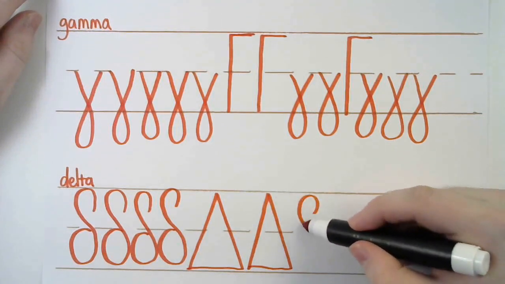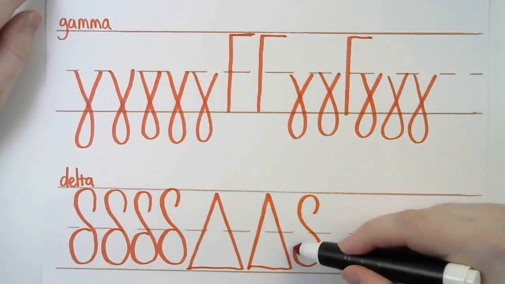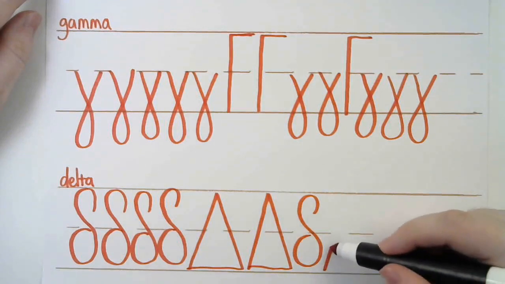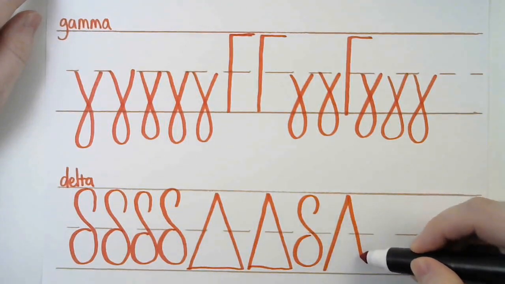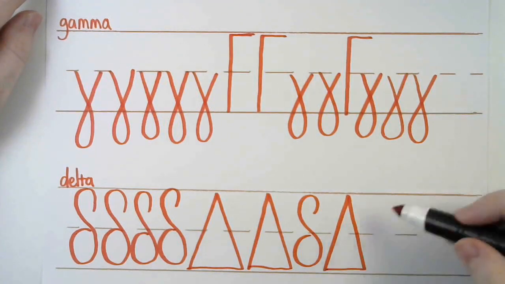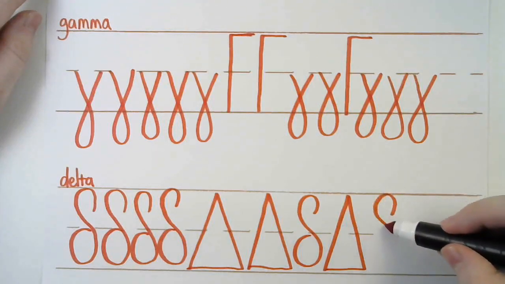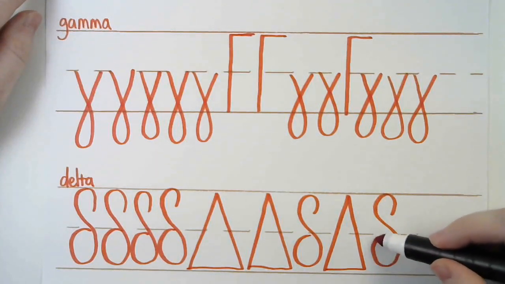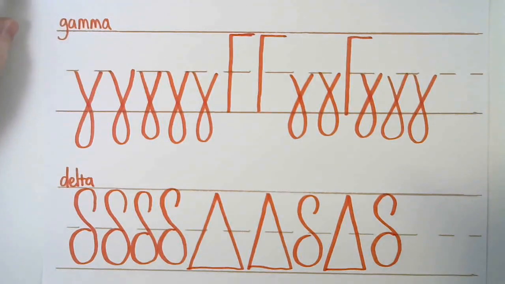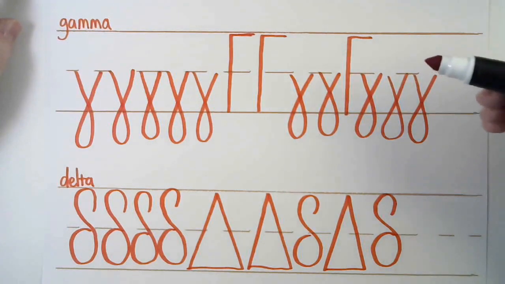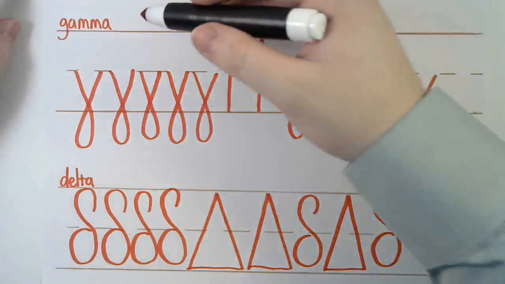Lowercase, and capital. And one more lowercase, just for good measure. There you go. Alright, so now you know alpha, beta, gamma, delta.